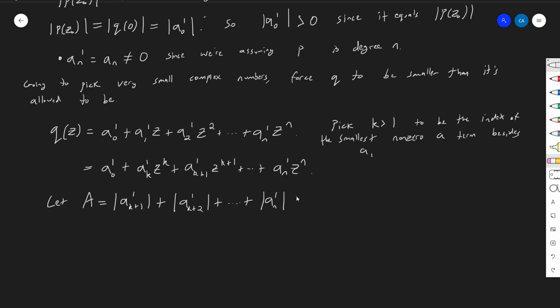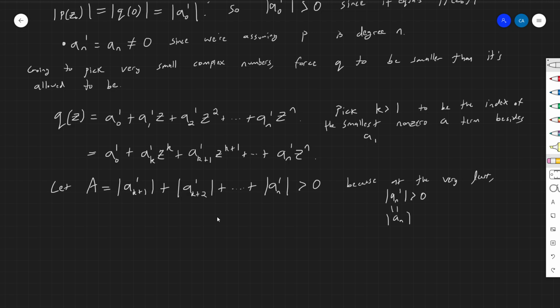And this is greater than 0 because, at the very least, a sub n prime is greater than 0 because it's equal to a sub n. So that's greater than 0, and because it's greater than 0, I can put it in the denominator.